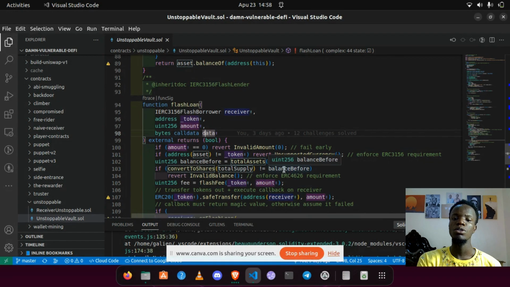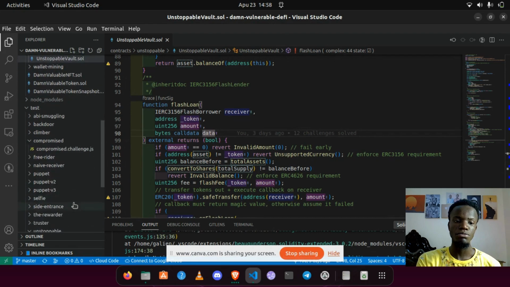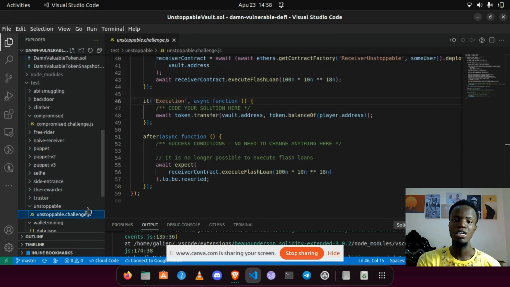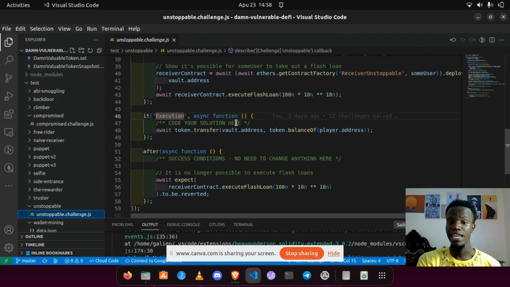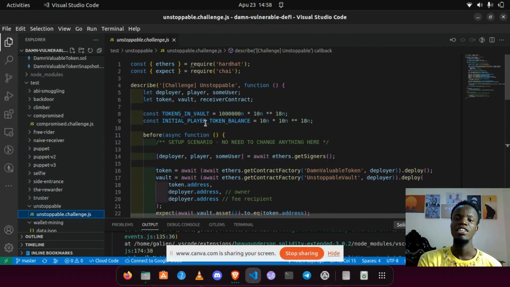Because the balance buffer is 1 million DVT, and the total supply in our test file is also equal to 1 million DVT at that time, because right here we can see that the initial token supply is 1 million DVT, and the initial balance of the player is 10 DVT.